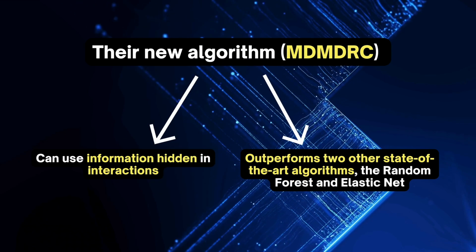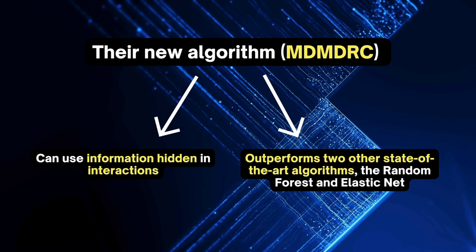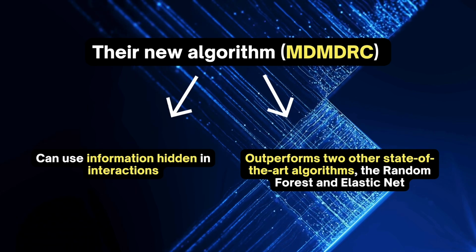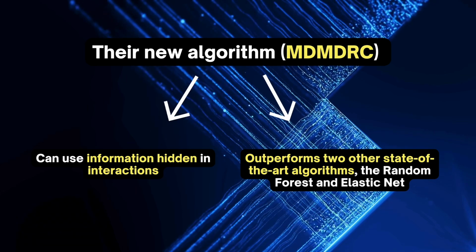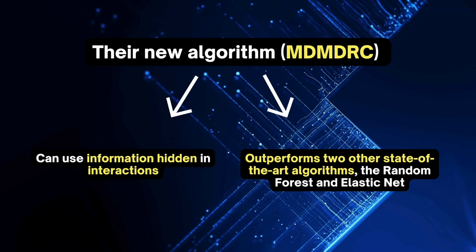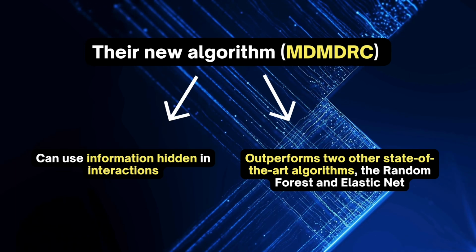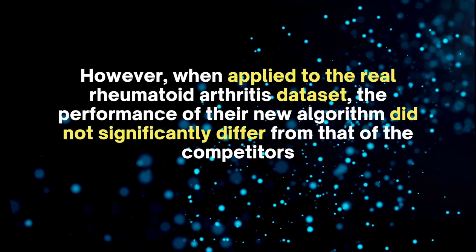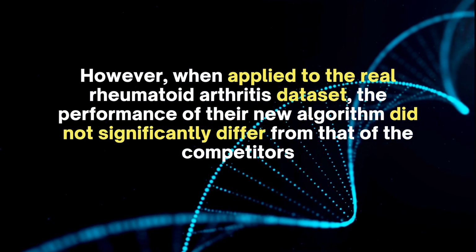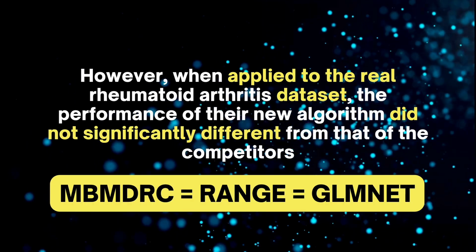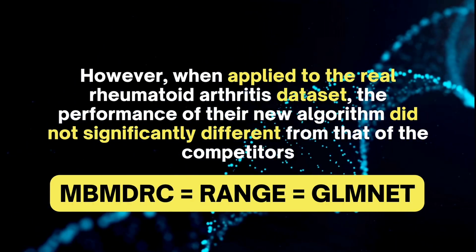We can see that their new algorithm can use information hidden in interactions and outperforms the other 2 state-of-the-art algorithms, the random forest and elastic net, by comprehensive simulation study. However, when tested on the actual rheumatoid arthritis dataset, their new algorithm's performance was not significantly different from that of the competitors.